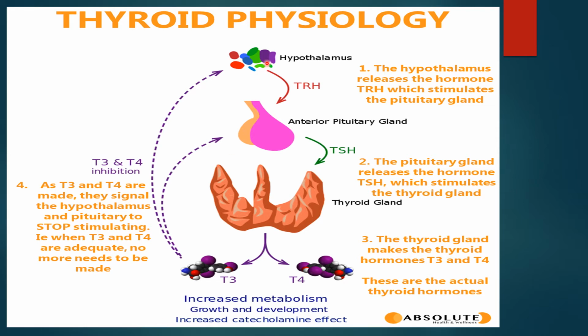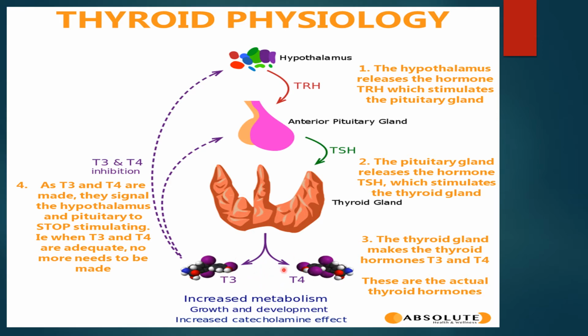So after the stimulus from the hypothalamus and the anterior pituitary gland, the thyroid gland produces T3 and T4. When these two hormones are within the normal range, no negative feedback mechanism occurs.